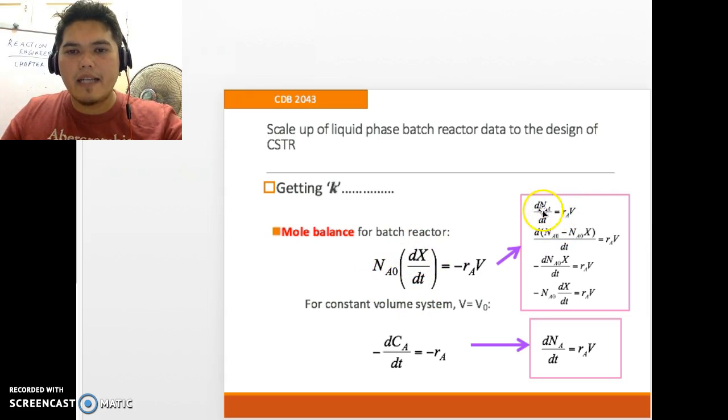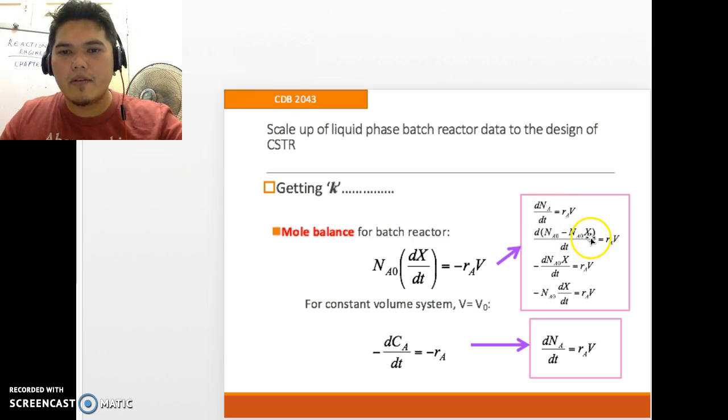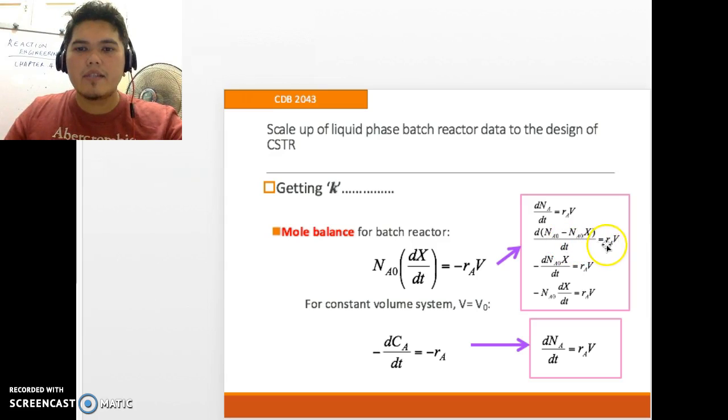For example, you have dNA/dt equals RAV, but you know from the stoichiometric table that NA equals NA naught minus NA naught X, so d(NA naught minus NA naught X)/dt equals RAV. And you can further simplify it, and it becomes negative NA naught dX/dt equals RAV, and you take out the NA naught term, and now NA naught dX/dt equals negative RAV.